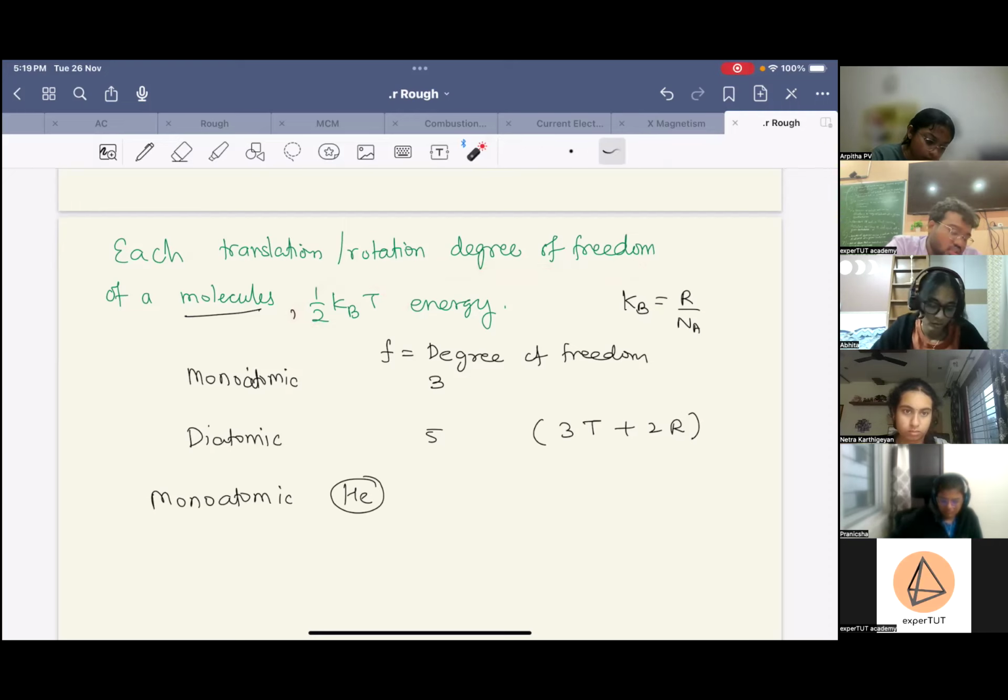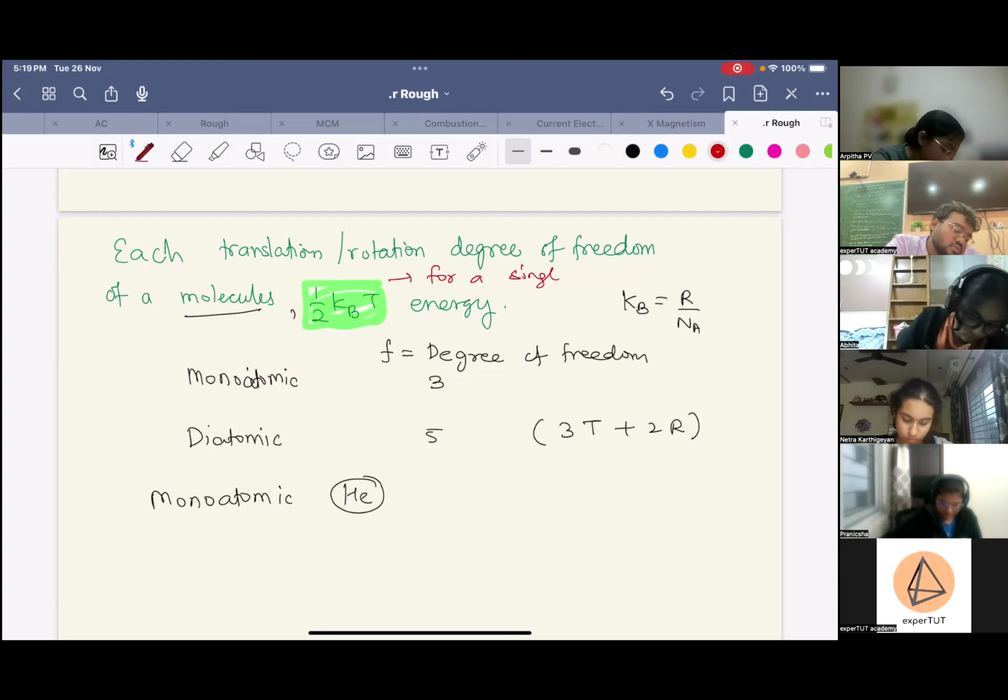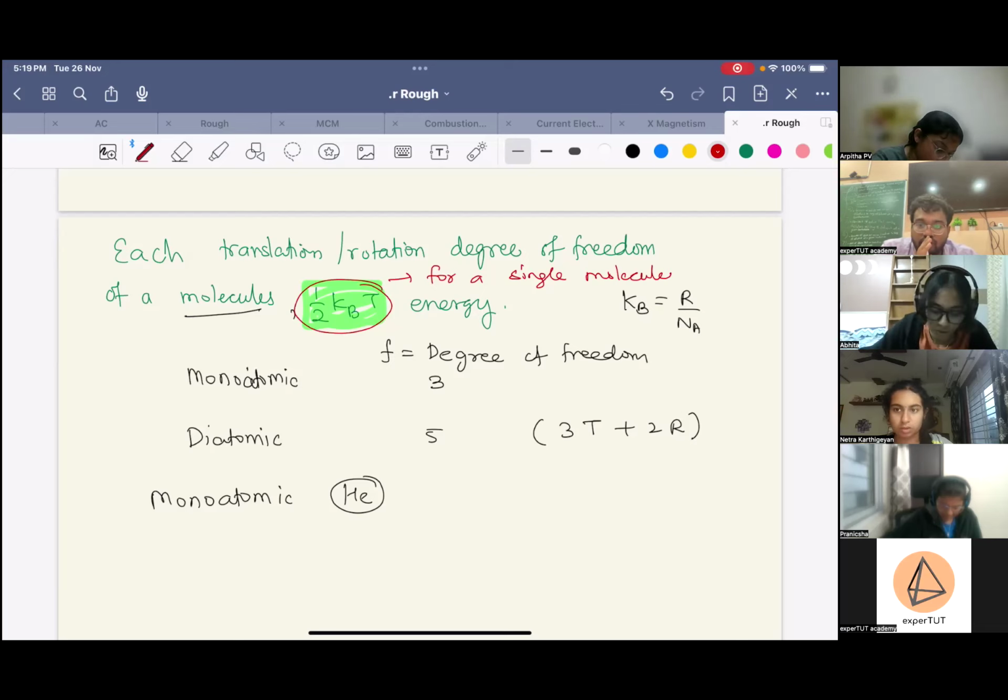This half kBT is for a single molecule. If I ask you what is the energy for 1 mole, you will multiply this number with the Avogadro number, right?